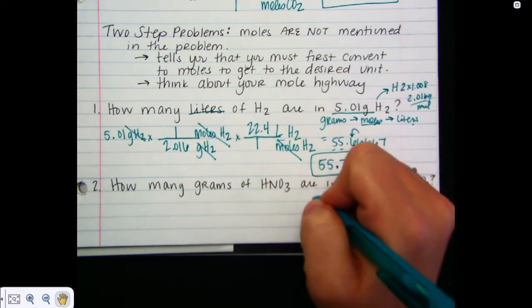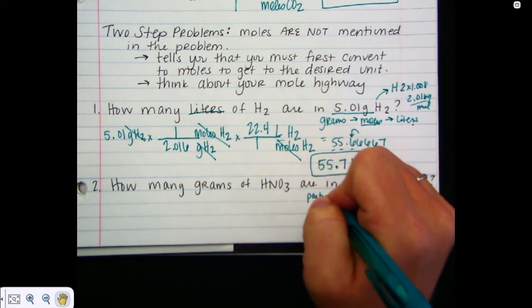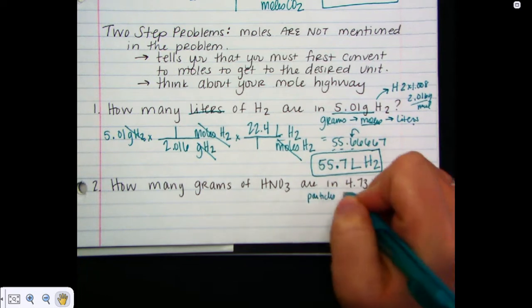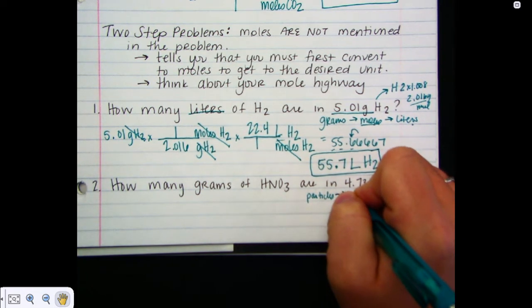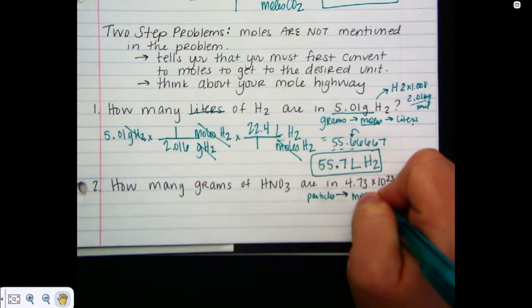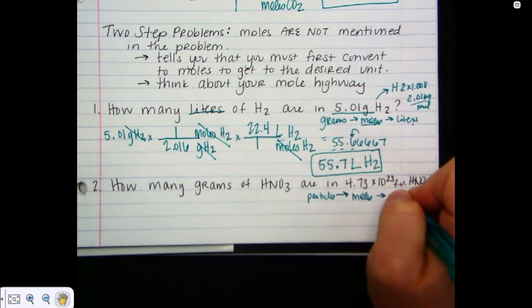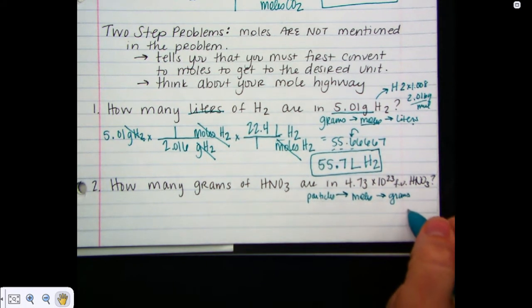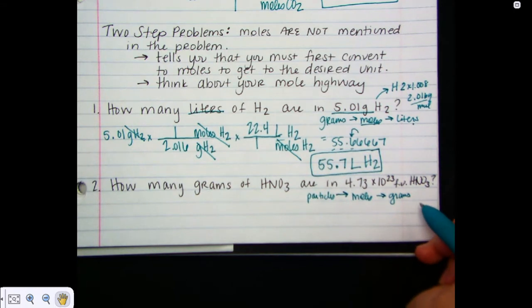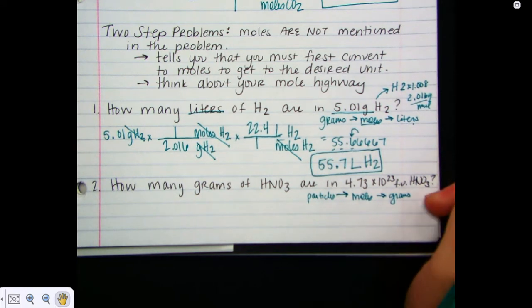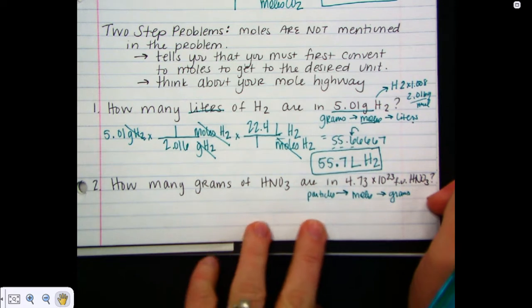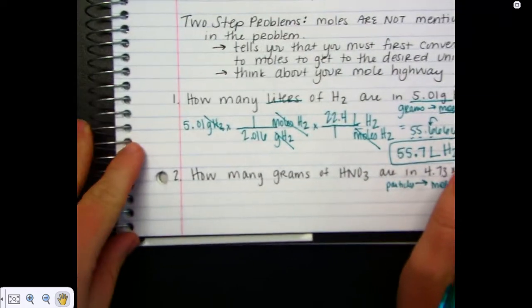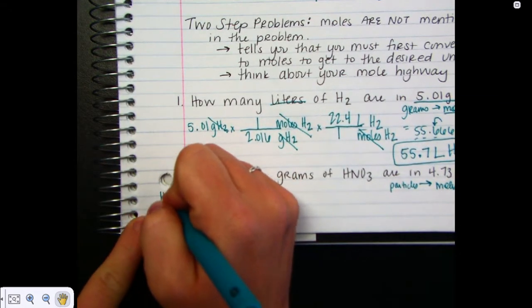So this time I'm in particles and I want to go to grams, but I can't go straight there. I've got to go particles to moles to grams. And I know because I'm asking for grams, I'm going to end up needing the molar mass for HNO3. So I'm going to just go ahead and get that right now in the margin over here.